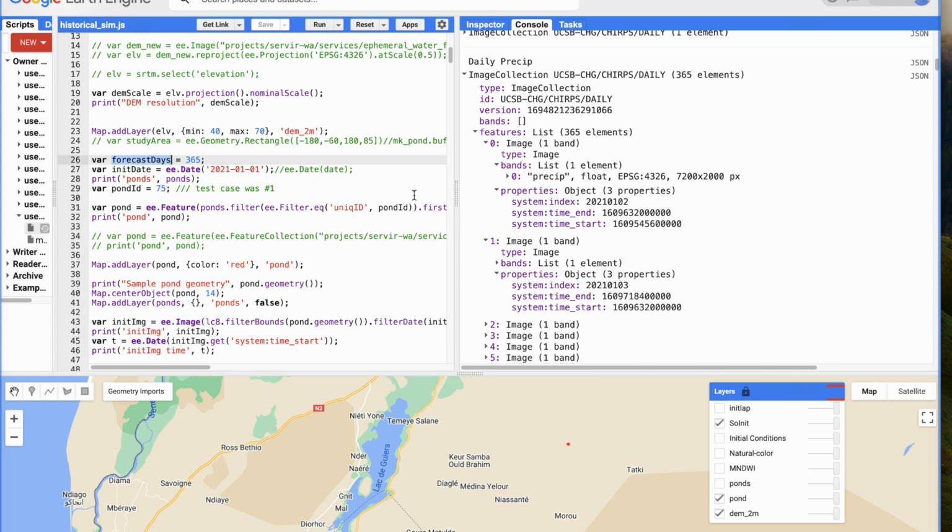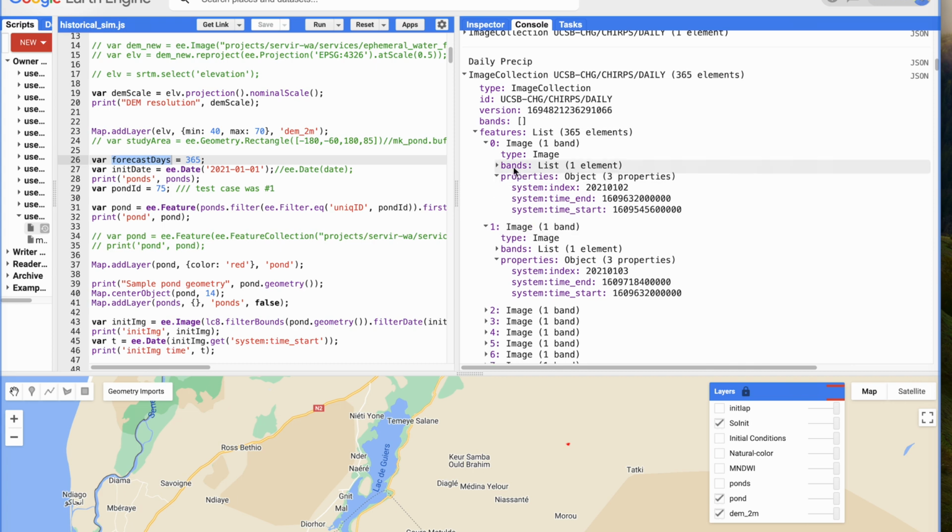This is our forecast days. The precip data is already available for 2021, but if you have this forecast source value or any rainfall value, then you can use it in a forecast mode.